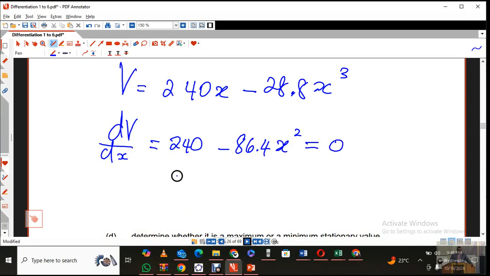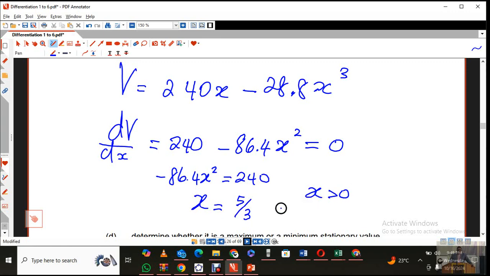And if you were to calculate this out, you have minus 86.4x squared is equal to 240. You should get that x is equal to 5 over 3. And x should be greater than 0 because a negative answer will give you a negative volume.